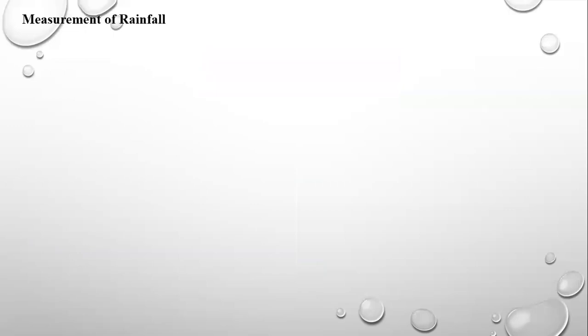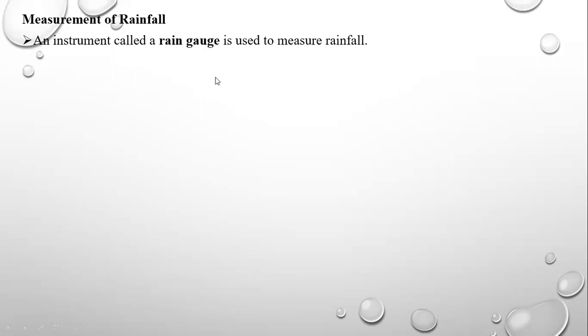Now, let me take you straight into the measurement of rainfall. How do you measure rainfall? Now, the instrument that we use to measure rainfall is known as a rain gauge. So the rain gauge is the instrument that we use to measure rainfall. Rainfall is measured in millimeters or inches.